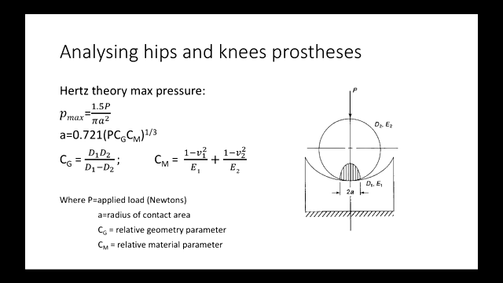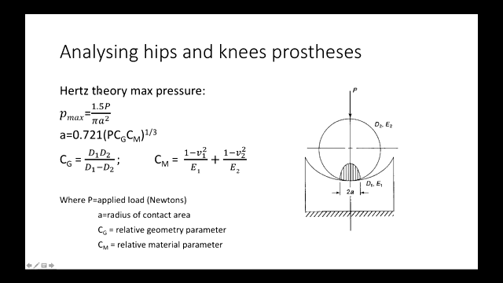Okay, so this is just an example of how that works. So if you have a ball, which in our case for the hip replacement, that's the ball of the femoral head, right? And then you have a dish, which is the socket. So that's the polyethylene. You can calculate from Hertzian contact theory, which I wouldn't ever try and go into in the lecture.